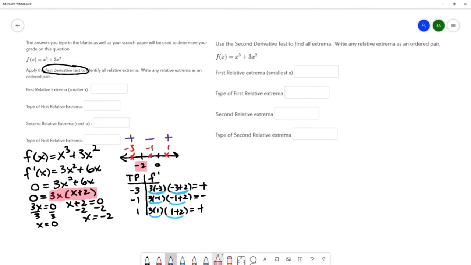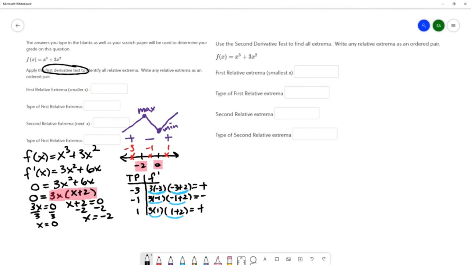The change is increasing to decreasing, creating a maximum at that critical number. We also have a change over this critical number, from decreasing to increasing, and that creates a min. And so we know that this function has two relative extrema, one min and one max.